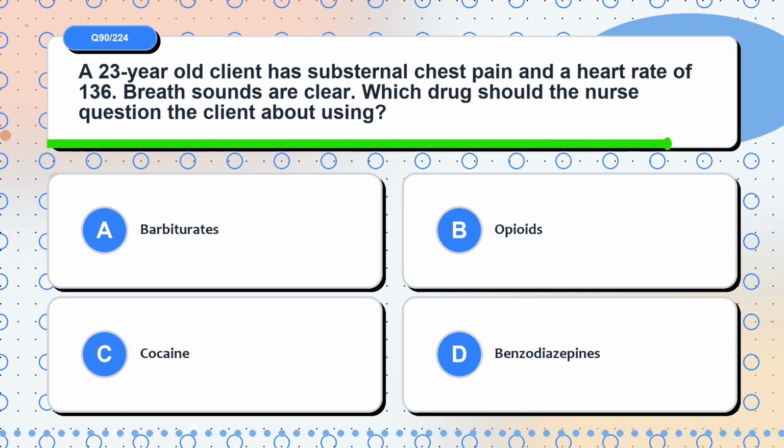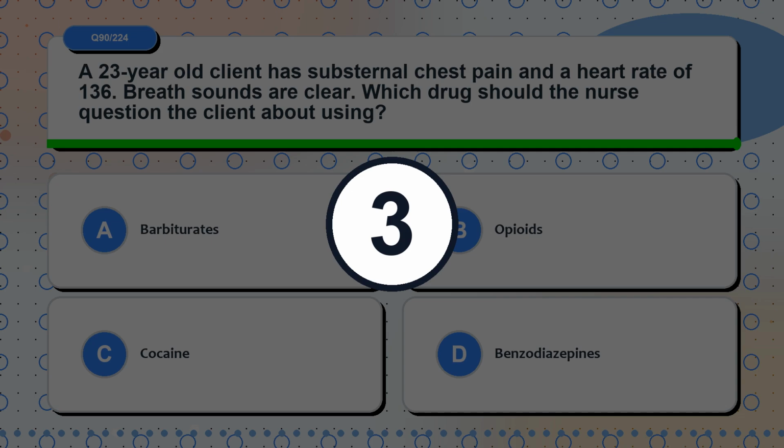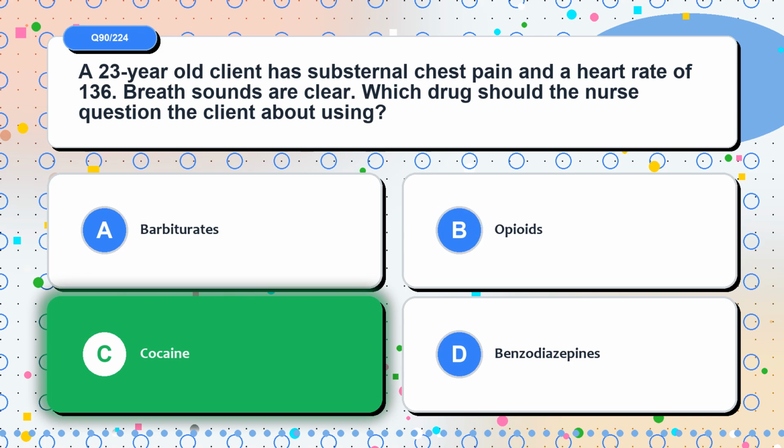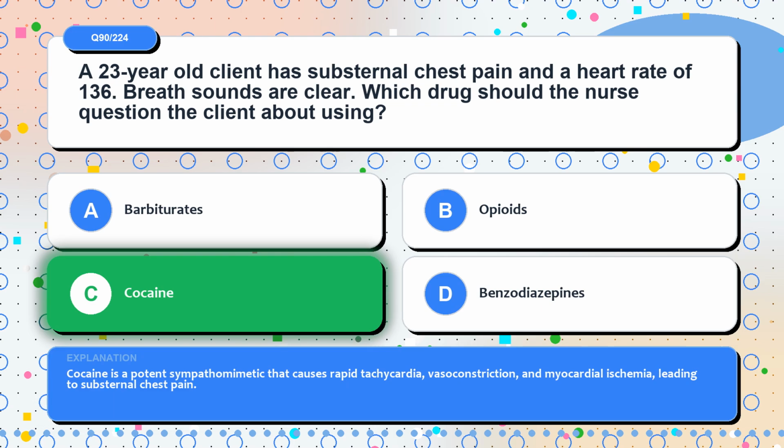Option D. Benzodiazepines. The correct answer is option C. Cocaine. Cocaine is a potent sympathomimetic that causes rapid tachycardia, vasoconstriction, and myocardial ischemia, leading to substernal chest pain.